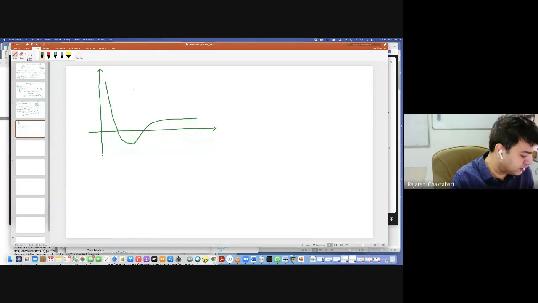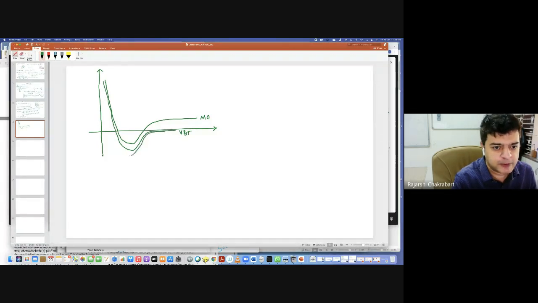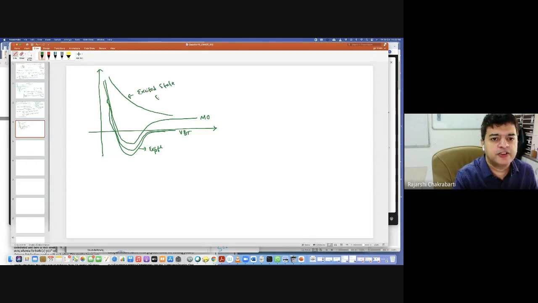Your VBT calculation, if you do it, you will see, this is your MO, this is VBT. An experimental one is maybe below this. These are hand drawn, so don't worry. And it also predicts an excited state like MO. And this is repulsive, no? There is no bond formation.